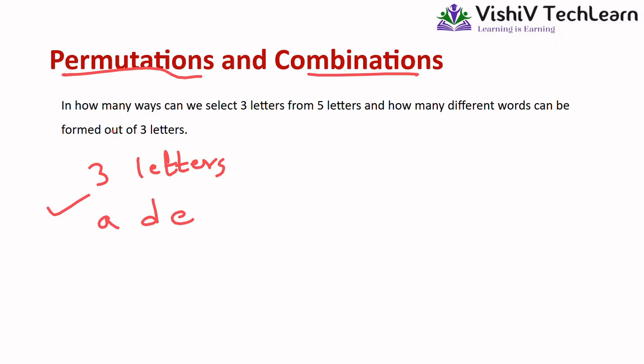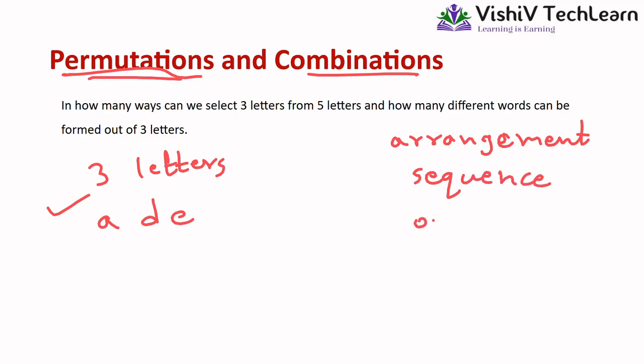Now in case of permutations, for these 3 letters the arrangement may differ. Now here we are talking about the arrangement. It may be arrangement, or it may be sequence, or it may be the order in which we can select and position these letters.